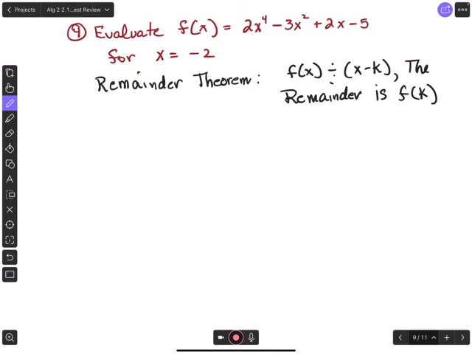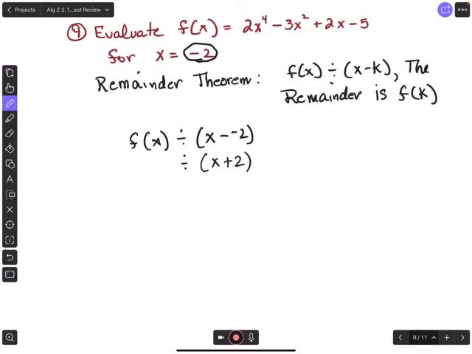So what this means is, in our case, if I take my function f of x and I divide it by x minus the k value, you want to use whatever you're evaluating for, -2. So we're dividing by x plus 2, actually.